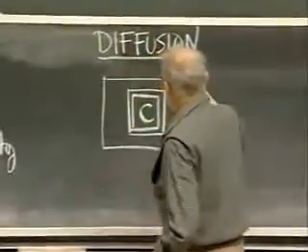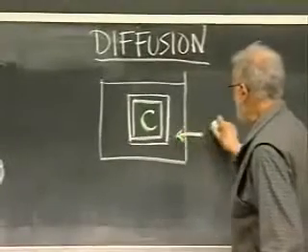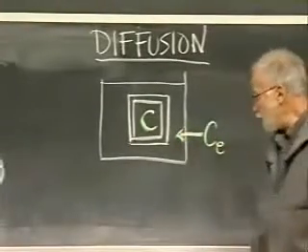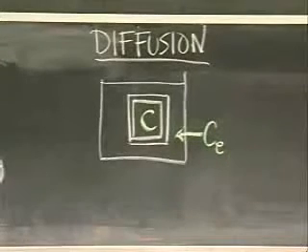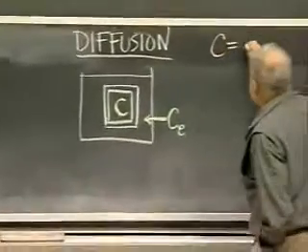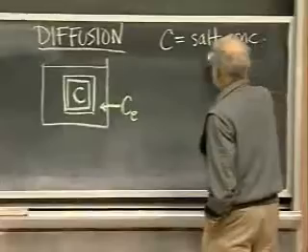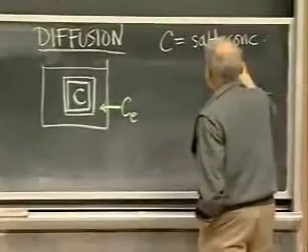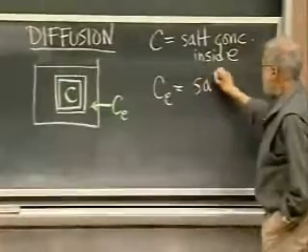It's in an external water bath, let's say, so there's an external concentration. And what I'm talking about is some chemical, let's say salt will do as well as anything. So C is equal to salt concentration inside, and C_E would be the salt concentration outside.